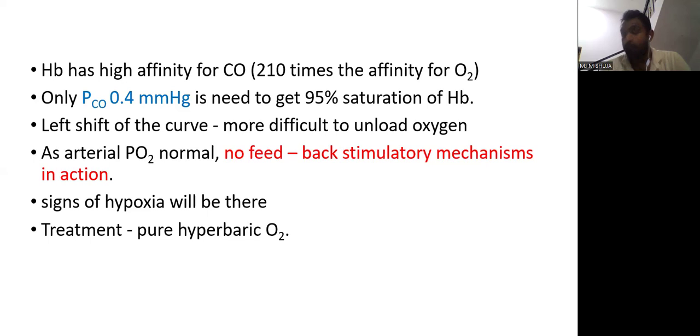But the partial pressure of oxygen is normal. So there will not be a feedback mechanism to increase your oxygen level. So the treatment is you have to give pure hyperbaric oxygen. Hyperbaric means more pressurized oxygen. So the diffusion of the oxygen in the blood is increased. So hypoxia will be settled.